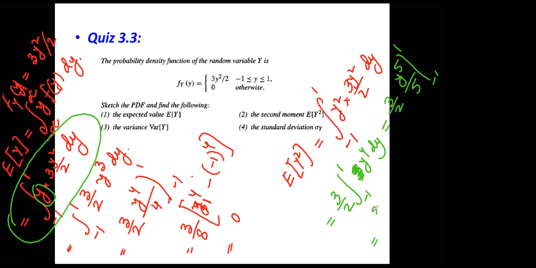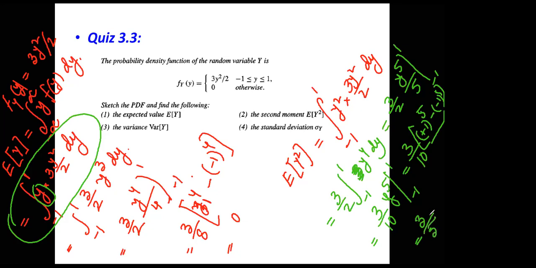And that will be 3 by 10 into y to the power 5, minus 1 to plus 1, equals 3 by 10 into plus 1 to the power 5 minus minus 1 to the power 5. In this case, look at that. That will be 1. That will be minus 1. Now that will become 2. So it will be 3 by 5, isn't it?